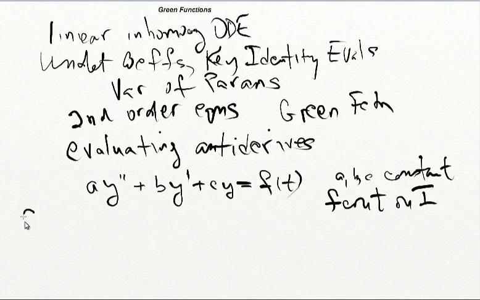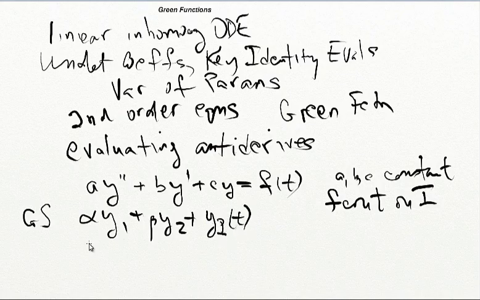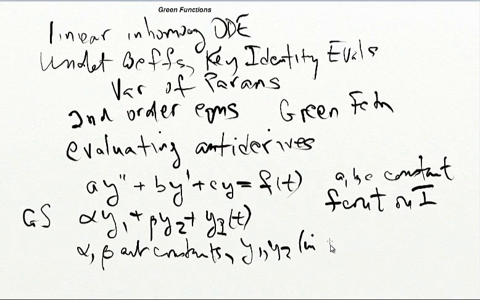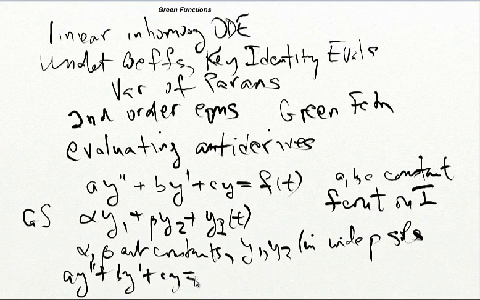We know what the general solution of such a gadget looks like. It's of the form αy1 + βy2 + y_p(t), where α and β are arbitrary constants. y1 and y2 are linearly independent solutions of the homogeneous equation, that is the equation where f is 0, that is the equation ay'' + by' + cy = 0.